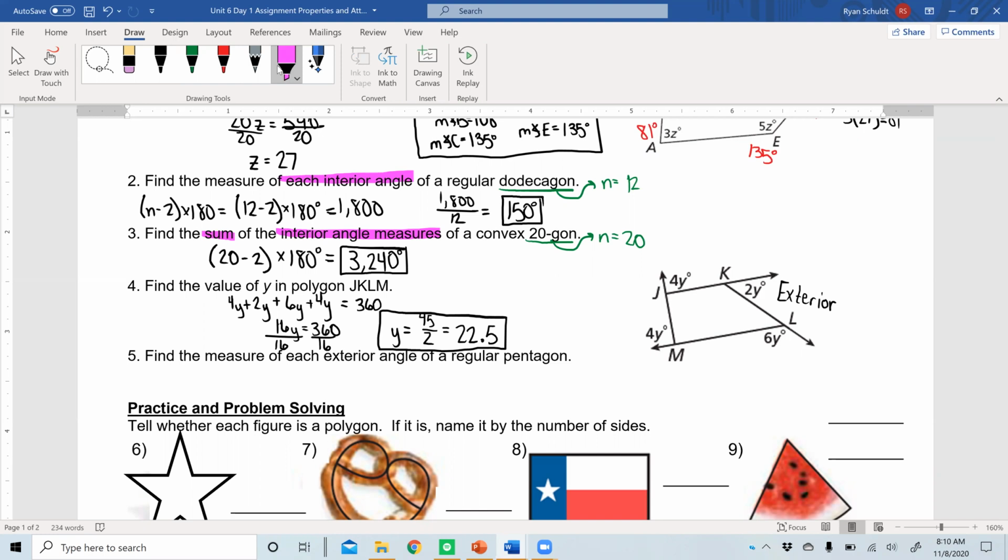Okay, number 5, find the measure of each exterior angle of a pentagon. Each exterior. Well, what do all shapes on the exterior add to? All add to 360.